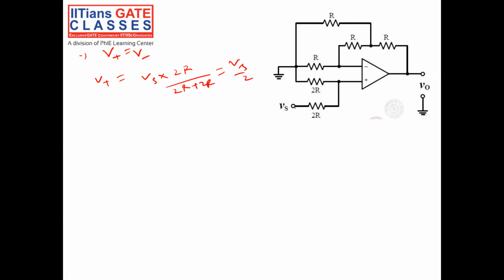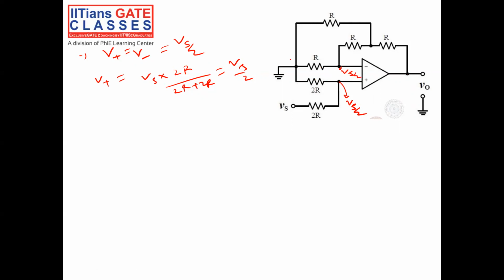Since V positive is V negative, it is equal to Vs by 2.